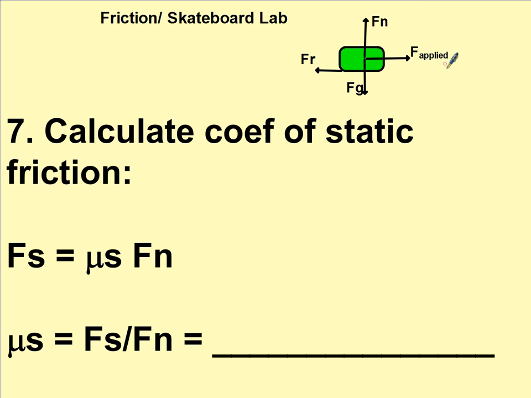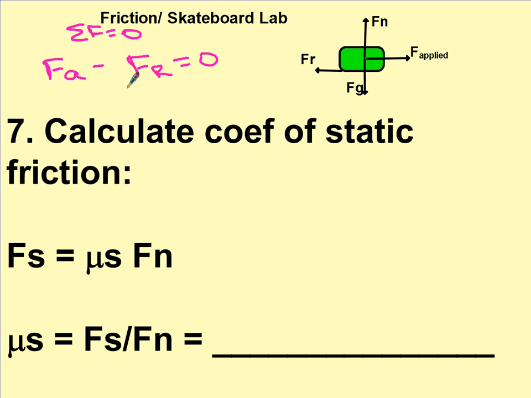If it takes 50 newtons of applied force to overcome your frictional force, let's look at what Newton's law says. The sum of the forces is going to equal 0, because my net force equation is for a case where we're not moving yet. So I have F applied going to the right. I have friction going to the left.